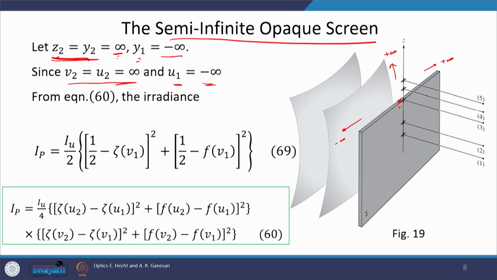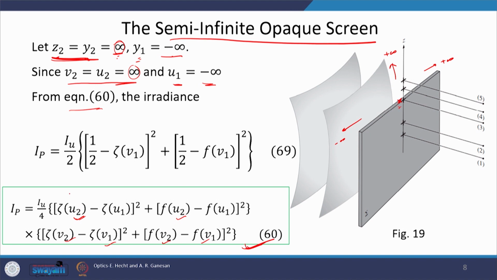And if this is the case, then from equation 60, which is given here in this green bracket, we will substitute for U1, U2 and V1, V2, and we know that these values are plus infinity and minus infinity.